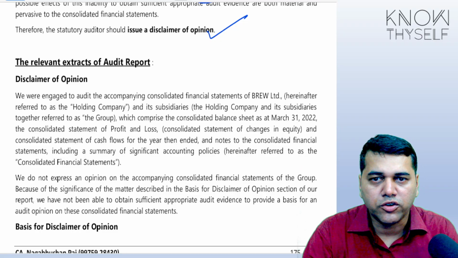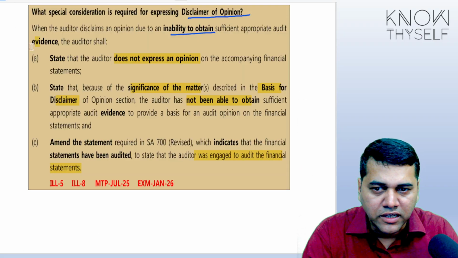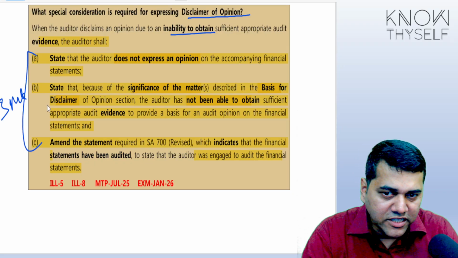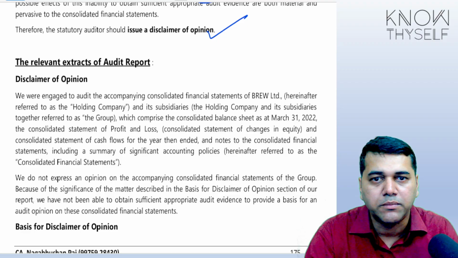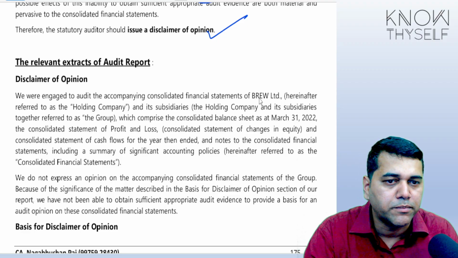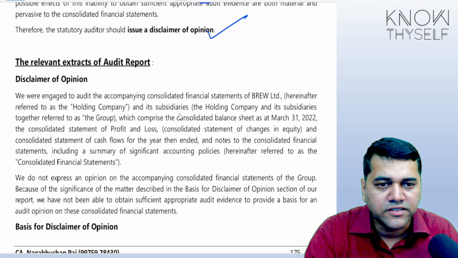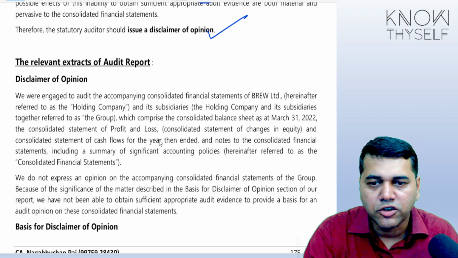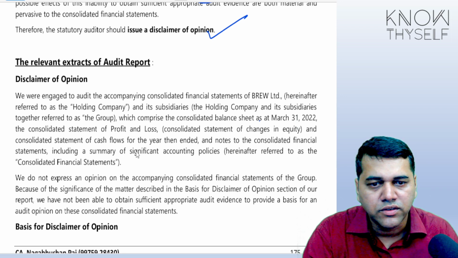What all things are you supposed to tell? You are supposed to tell 3 points, no? So you will fetch 3 marks for writing these points. Let us see whether these points are available. First, we were engaged to audit the accompanying consolidated financial statements of Brew Limited and its subsidiary, together referred to as the group, which comprise the balance sheet, P&L, consolidated cash flow statement, notes to accounts, and so on.